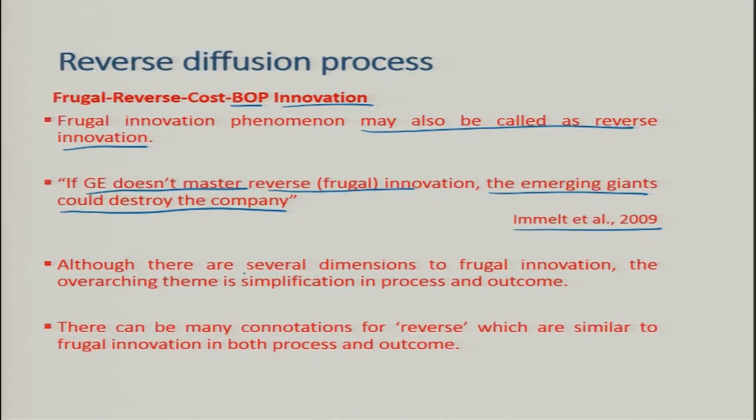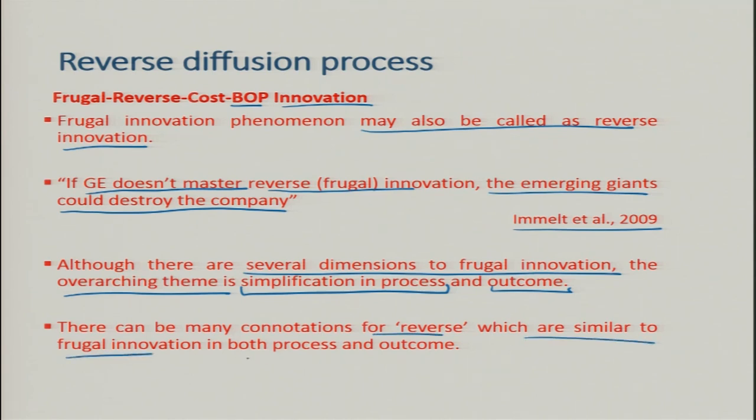Though this cannot be set as a typical example, the best examples for reverse innovation can be any product that is simplified and the cost is reduced. That can be reverse innovation. Although there are several dimensions to frugal innovation, the overarching theme is simplification in process and outcome. There can be many connotations for reverse which are similar to frugal innovation in both process and outcome.